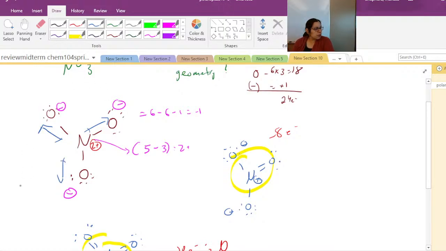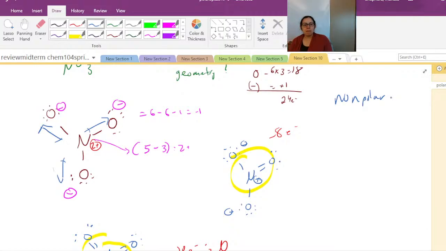What do we get for polarity then? So nonpolar, it averages out in all directions. So nonpolar, all evenly distributed, good.